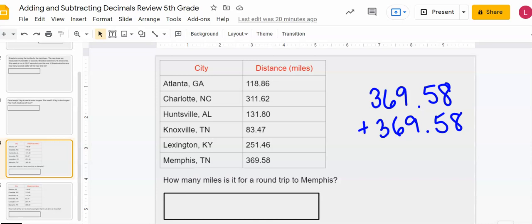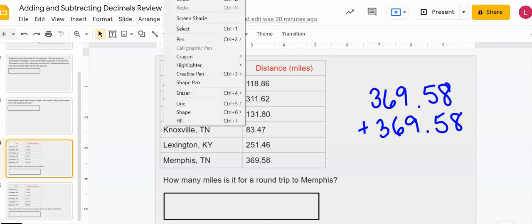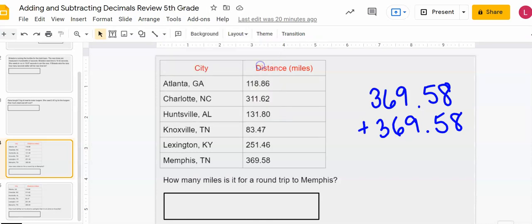When I round to the nearest whole number, I'm going to be thinking about these ones here. So 369 and 58 hundredths is actually closer to 370 than 369.